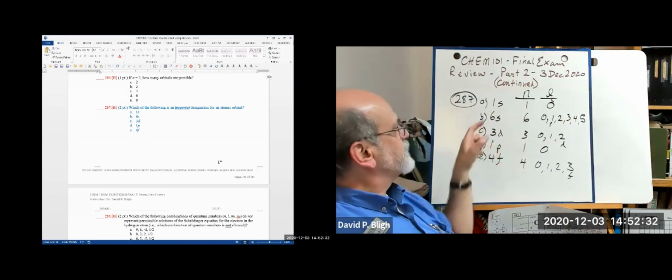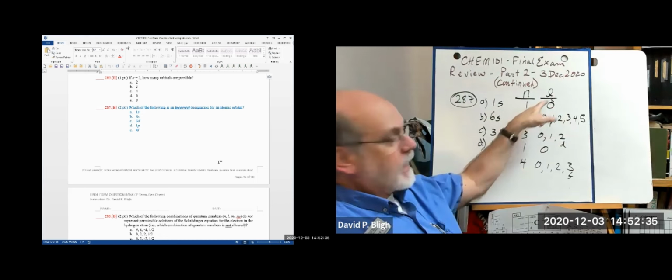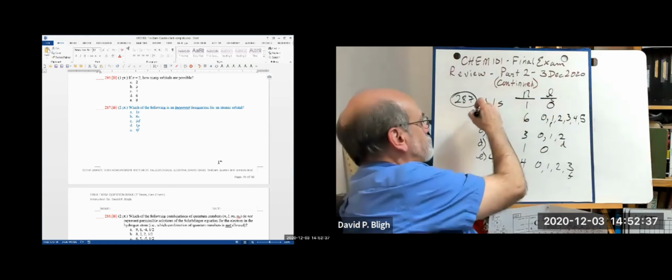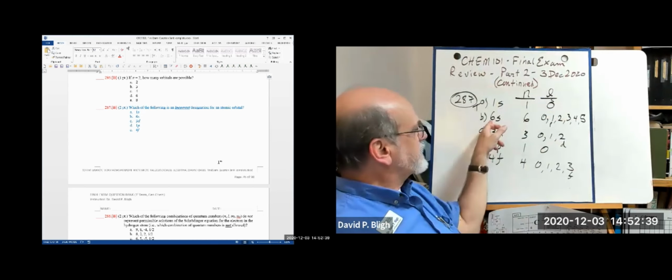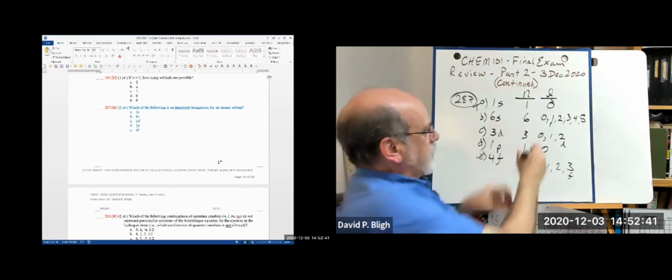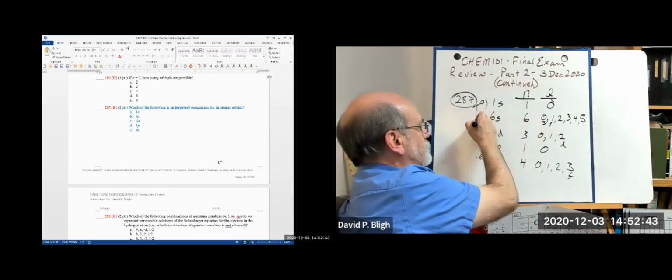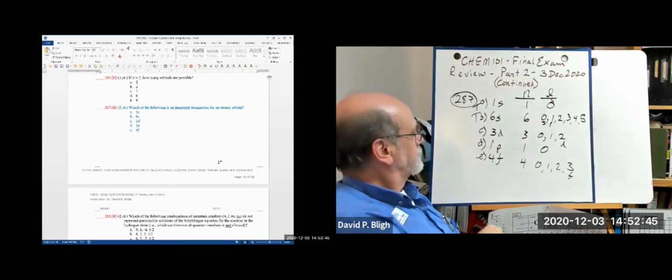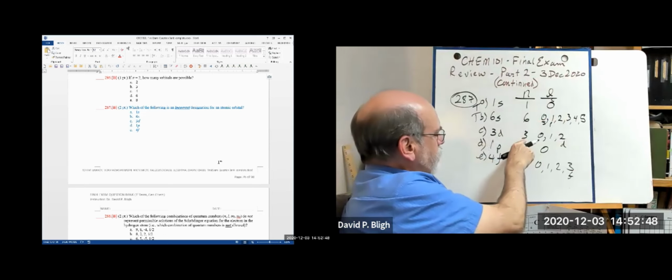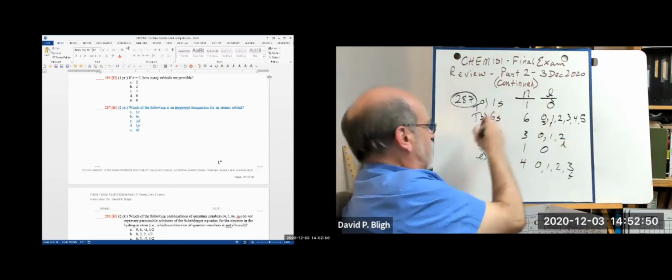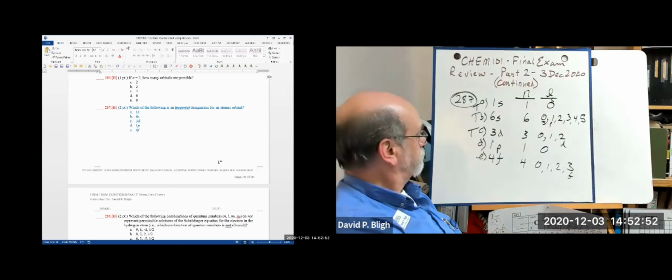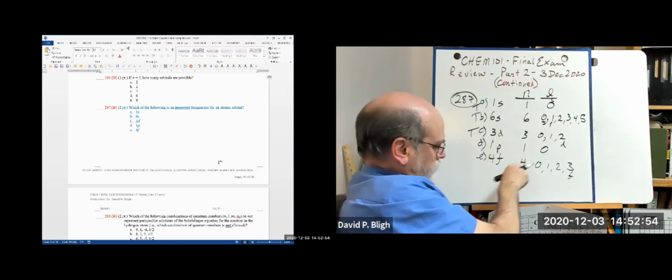So let's see, is this possible? 1s. Yep, that's true. 6s. There's an S right there. That one's true. 3d. Okay, 3, SPD. That's true. 1p.